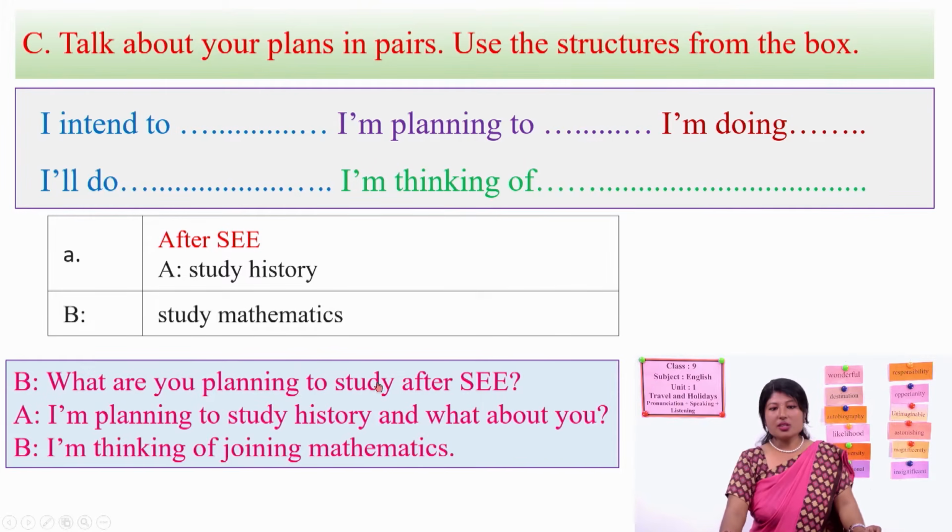What are you planning to study after C? B asks the question and A expresses, I am planning to study history, and what about you? B, I am thinking of joining mathematics. So using these clues, you have to use these ways of expressing plans.